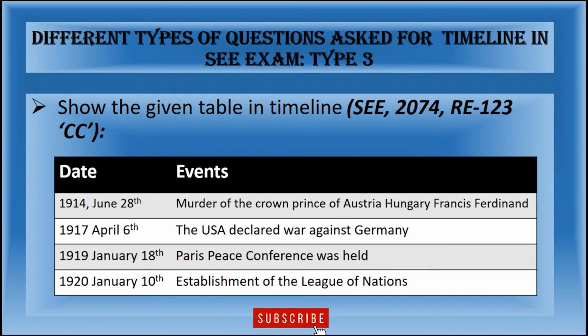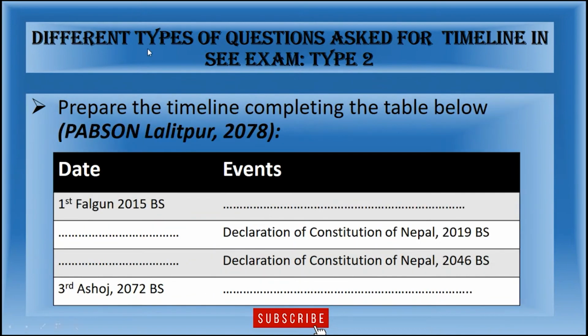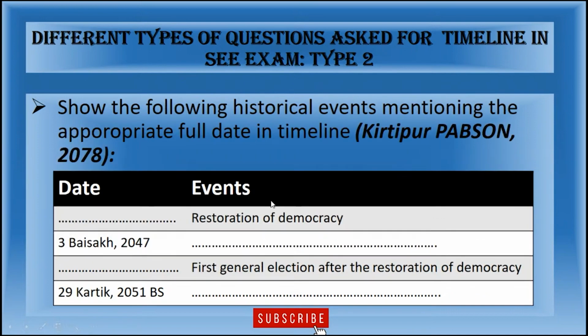But in case it is very long, like for example 2015 to 2017, if you do it this way, how many inches do you need? So it cannot be made in your copy, it is impossible. So that is the problem.